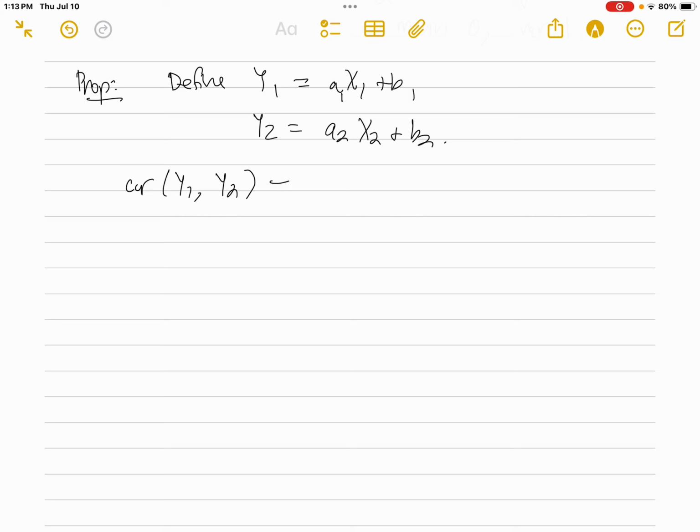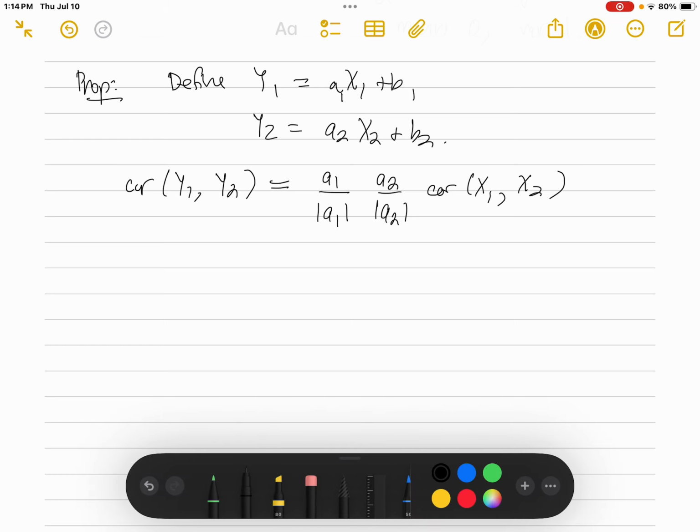The answer is that this is a1 divided by the absolute value of a1, times a2 divided by the absolute value of a2, times the correlation of x1 and x2. Now before proving this, let's look at what these factors are.